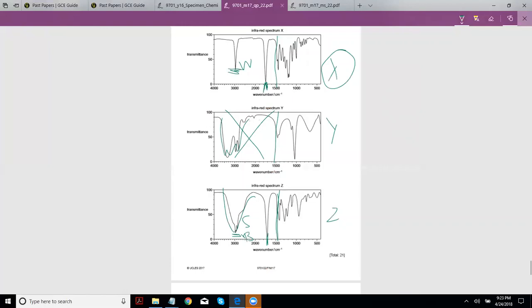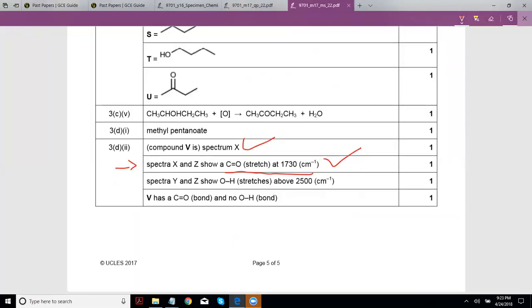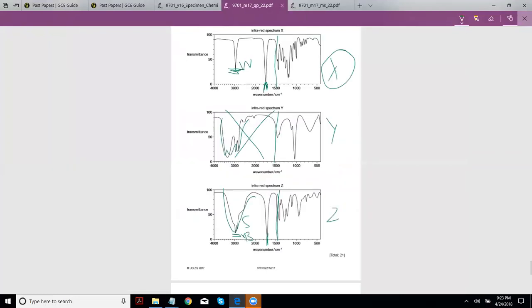So strong and broad peak है, that is something that you definitely do not have. It does not have an OH group, it does not have a carboxylic. Carboxylic में भी OH तो होता है ना, none of that. So that's the idea why, by elimination, you can prove that it is X.